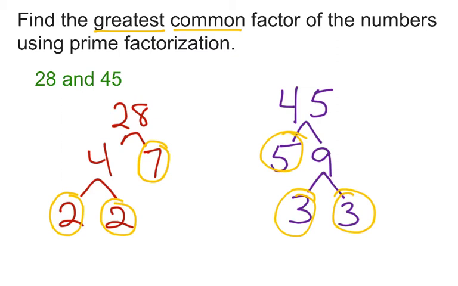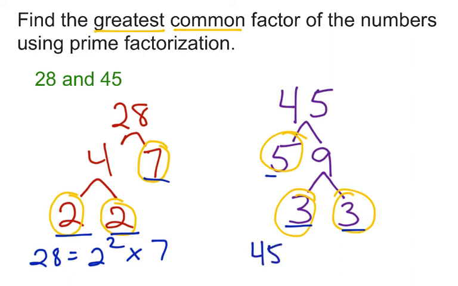Well, I can look and I see I have 2 times 2 times 7 is the prime factorization of 28, or 2 squared times 7. And then 45, I have 3 times 3 times 5, or 3 squared, 3 to the second power, times 5.